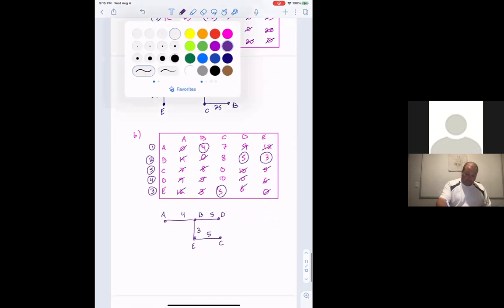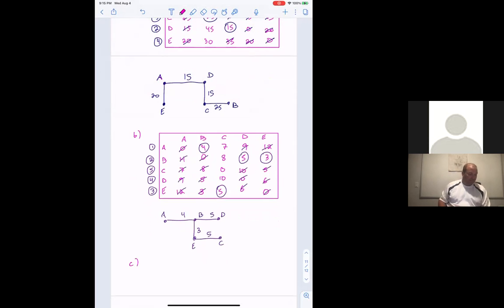Part C. Comments on why it will be more difficult to use Kruskal's algorithm than Prim's algorithm when the information is given in a table. For Prim's algorithm, you're taking a vertex, which you can pick from a table, A, B, C, D, or E, and then you pick the edge that connects to anything that you've already chosen of minimal weight.